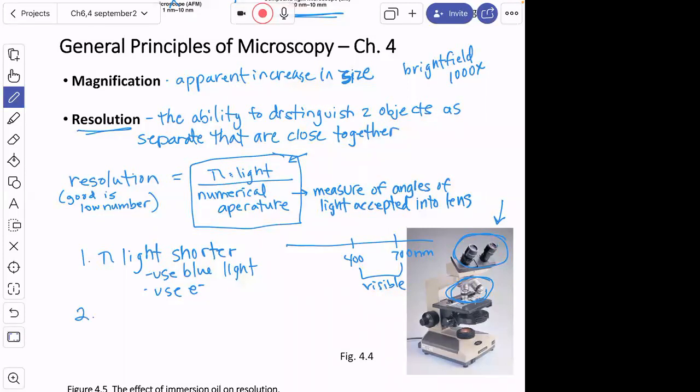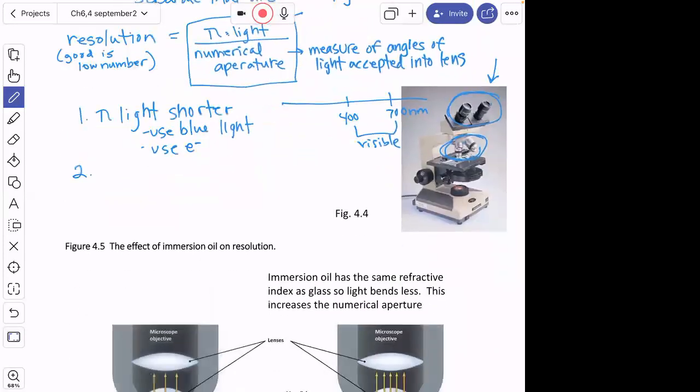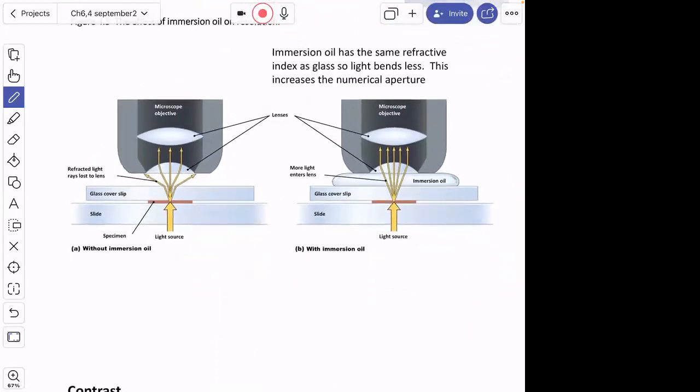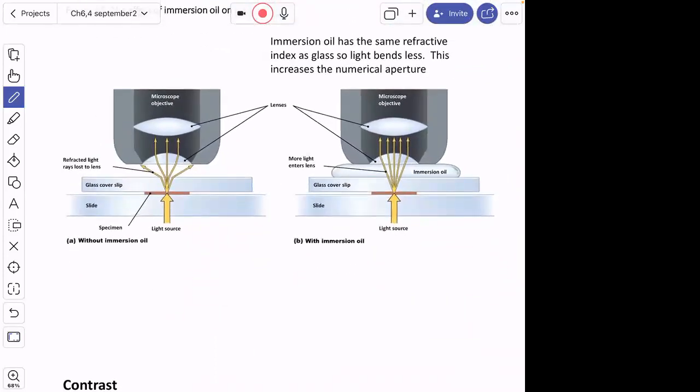Another way: how can we mess with the numerical aperture? The next picture here, I think a similar diagram is also in your lab book. Say we were to use a low power objective lens. You've got several different objectives, usually low, medium, and high power. The regular run-of-the-mill one that you've probably used in the past is scanning or low power.